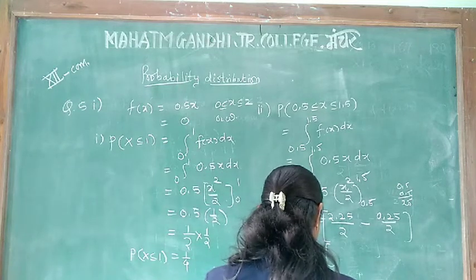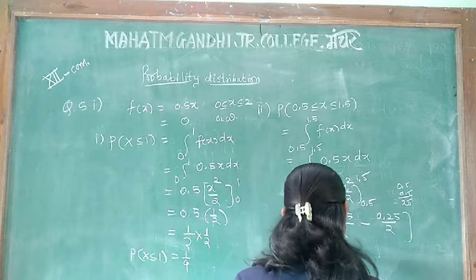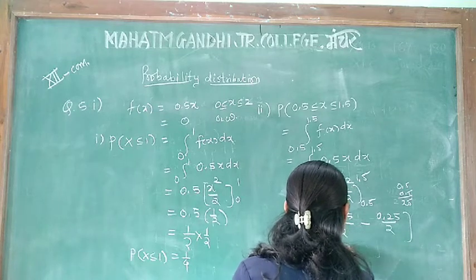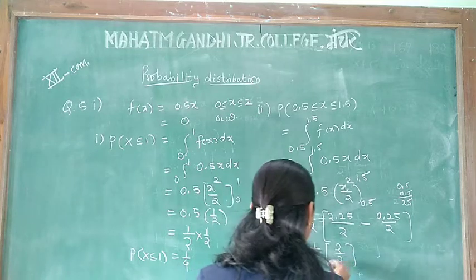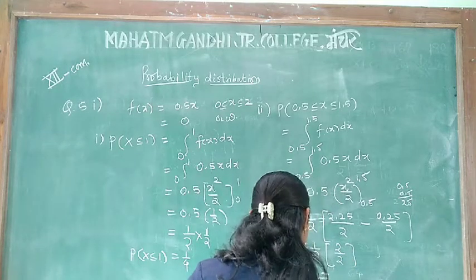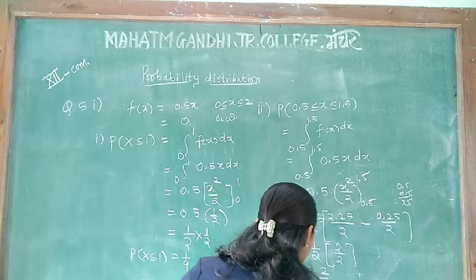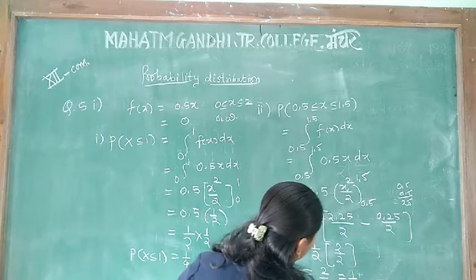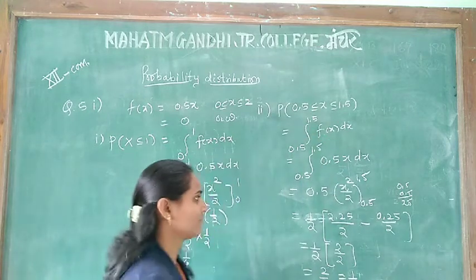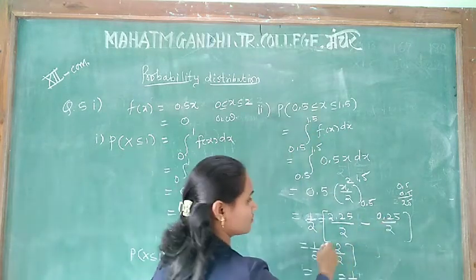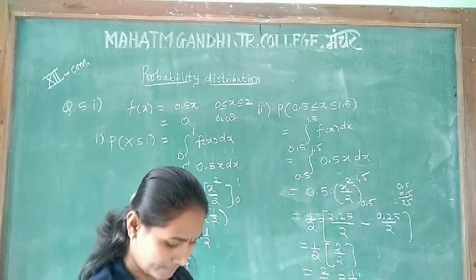If we simplify this, then we will get 2 upon 2, which is equal to 2 by 4. Hence it is 1 upon 2. That is the probability in between 0.5 to 1.5. 2.25 minus 0.25 is 2, and 2 upon 2 is 1.